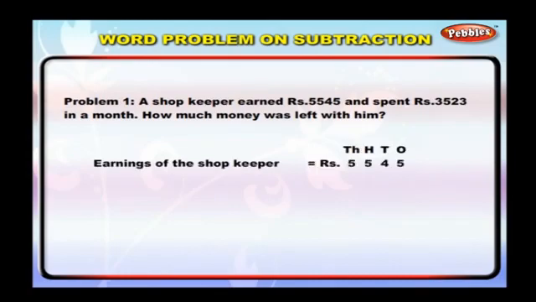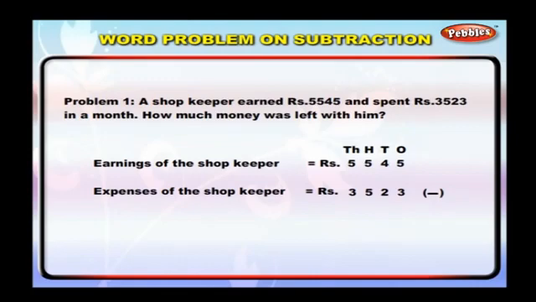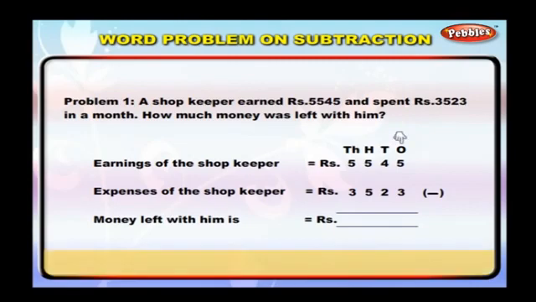Earnings of the shopkeeper is equal to rupees 5,545. Expenses of the shopkeeper is equal to rupees 3,523. Money left with him is, subtract ones. 5 minus 3 is equal to 2.